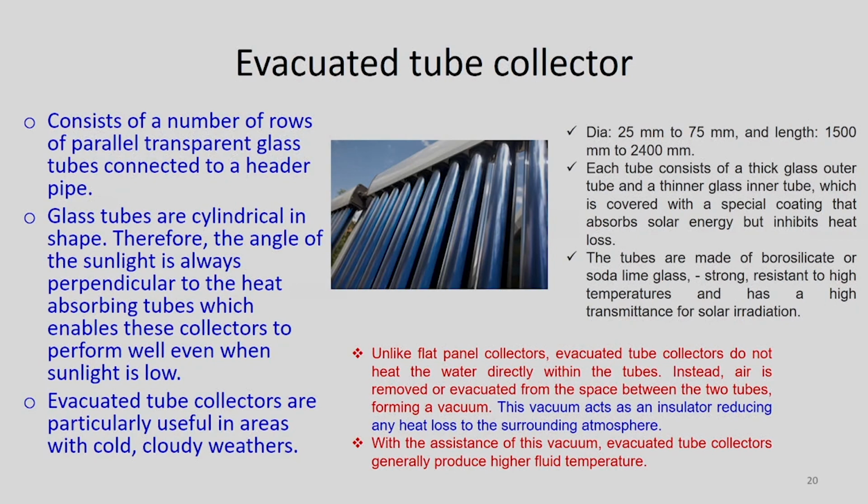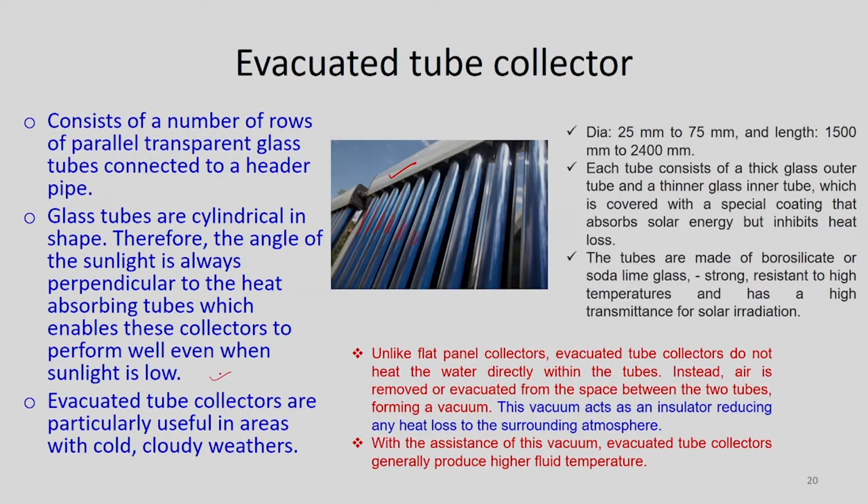This evacuated tube collector consists of a number of rows of parallel transparent glass tubes connected to a header. These are the headers and these are the tubes through which heat transfer fluid flows. These glass tubes are cylindrical in shape, as you can see here. Therefore, the angle of the sunlight is always perpendicular to the heat absorbing tubes, which enables these collectors to perform well even when the sunlight is low.